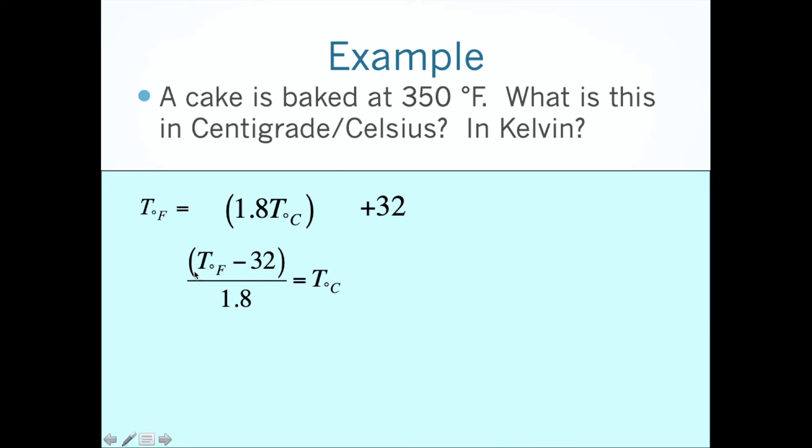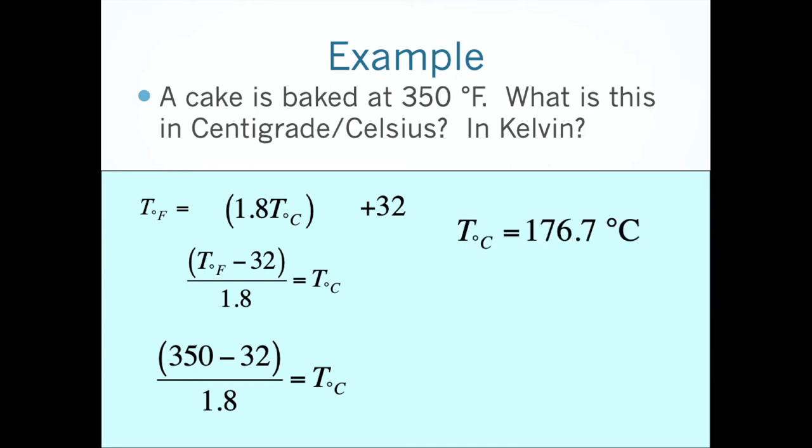The question tells us the temperature in Fahrenheit is 350, so we plug in that number there. We take 350 minus 32, work that out, divide by 1.8, and that gives us our temperature in Celsius. So you get 176.7 degrees Celsius. That's probably the wrong number of sig figs, but we'll ignore that for now. So that's our temperature in Celsius.